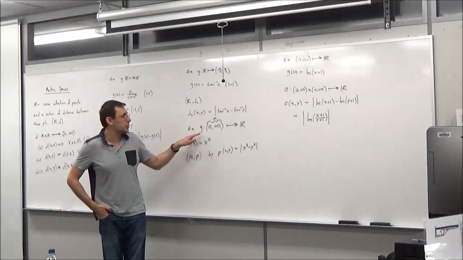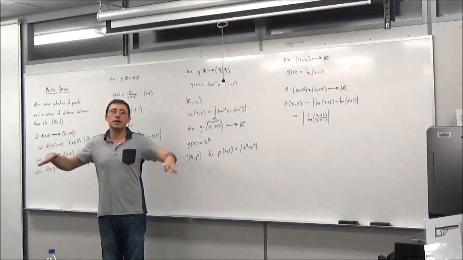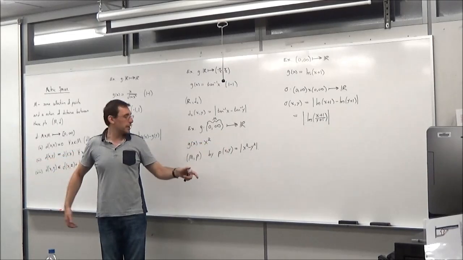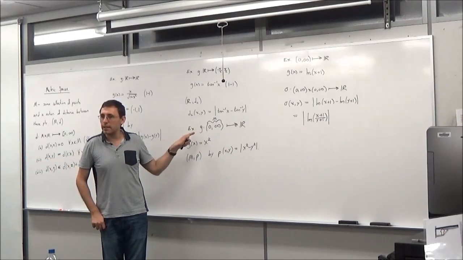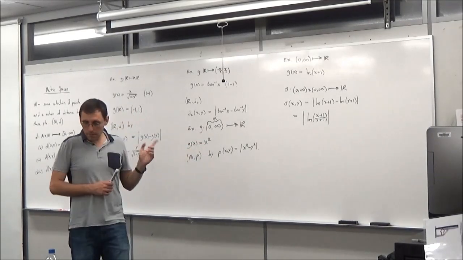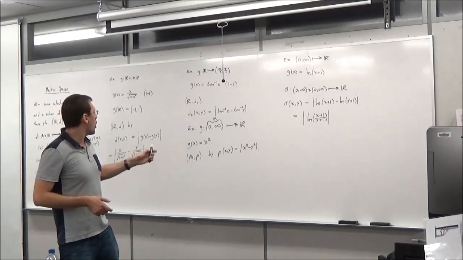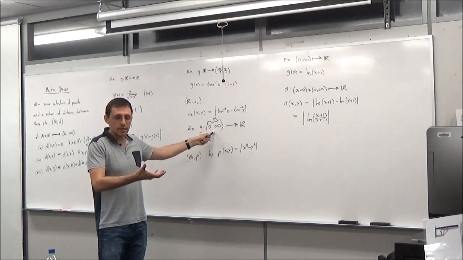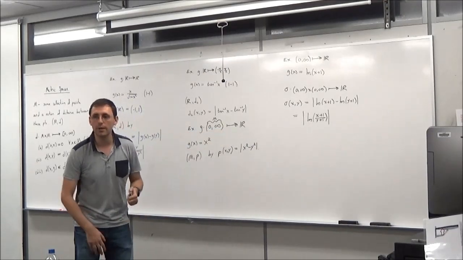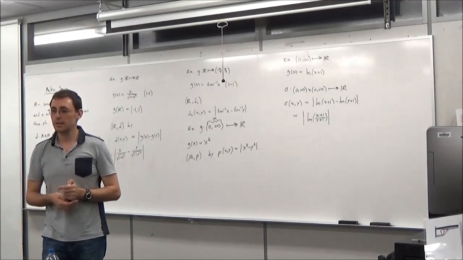You're used from calculus to thinking that the domain of G is any number it can take. But if I allow G to take negative numbers, it's not going to be 1 to 1. So that's a good point. We'll return to it. So you always have to specify the domain and the codomain, otherwise you really haven't explained to me what the function is.